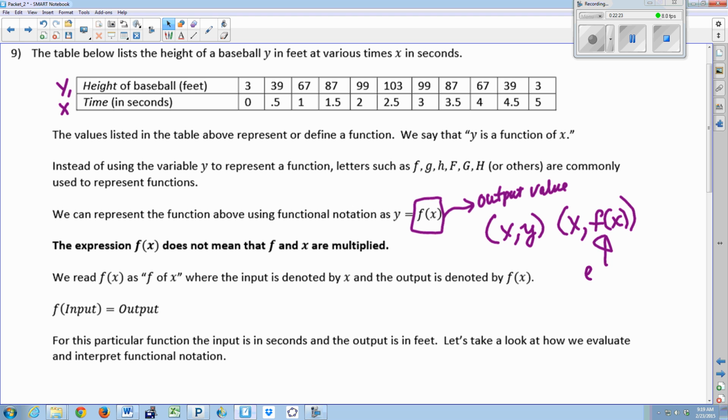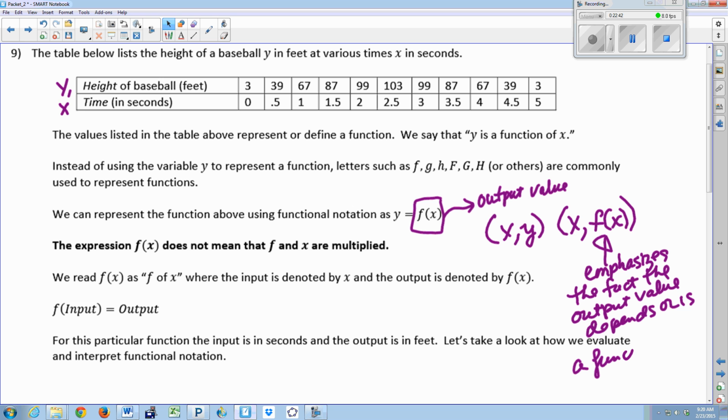This emphasizes the fact that the output value depends or is a function of the value of x.